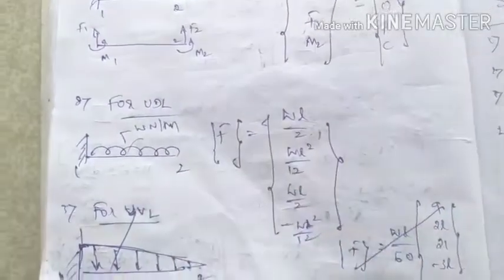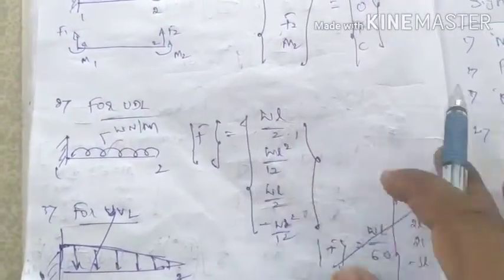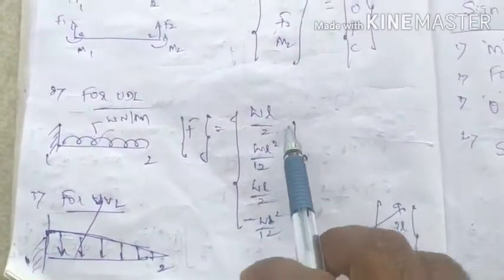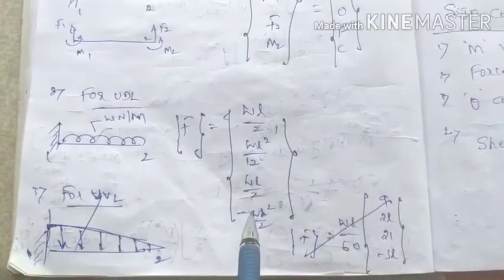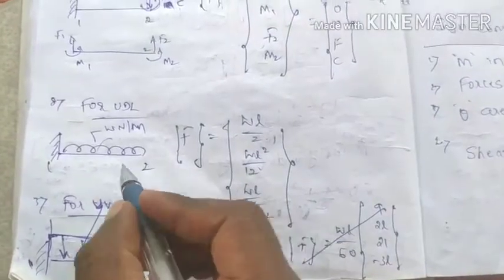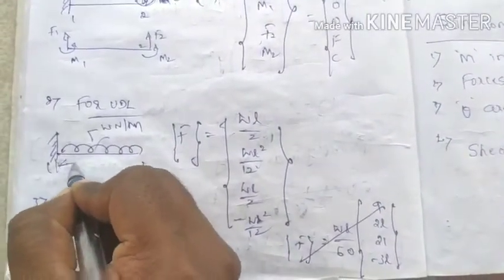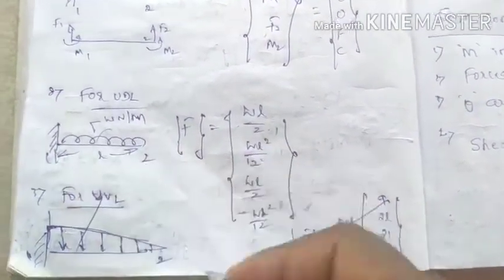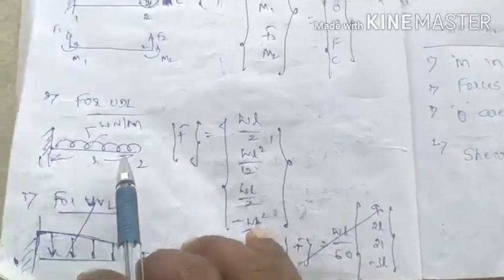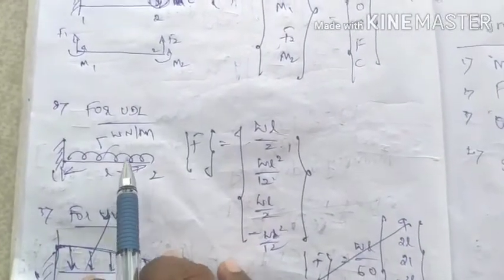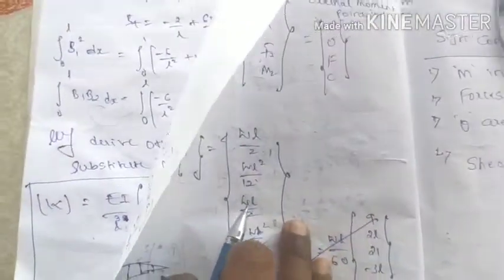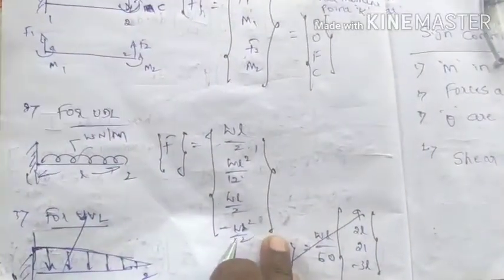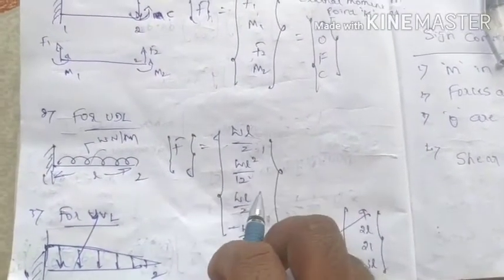For that, this is the final equation we get: WL by 2, WL square by 12, WL by 2, and minus WL square by 12. Here L is not the length of the beam, but the span over which the UDL is acting. So that is WL by 2, WL square by 12, WL by 2, and minus WL square by 12. This is what you have to memorize.